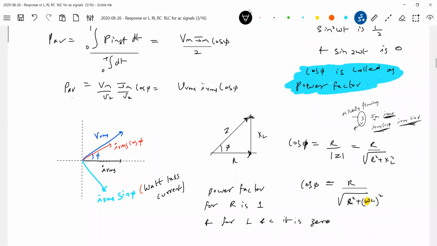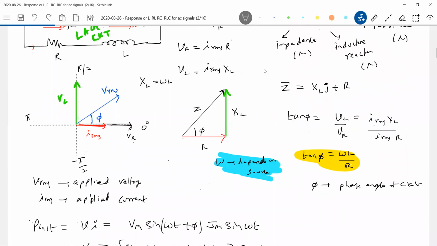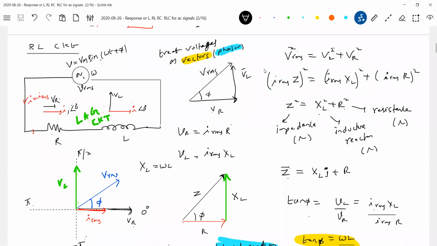For inductance and capacitance circuits, it will be 0. The ammeter will read I_RMS. In that, I_RMS cos phi is responsible for power dissipation. I'm making things clear. We can't separate I_RMS cos phi and I_RMS sin phi, because what is the ammeter? The ammeter is having only resistance, no? So what current is flowing across the resistor R? I_RMS only.